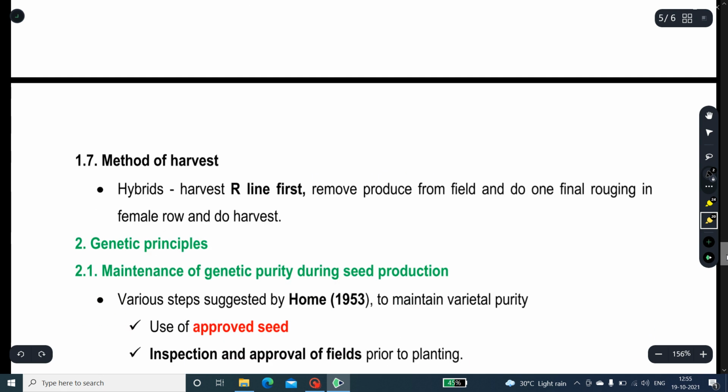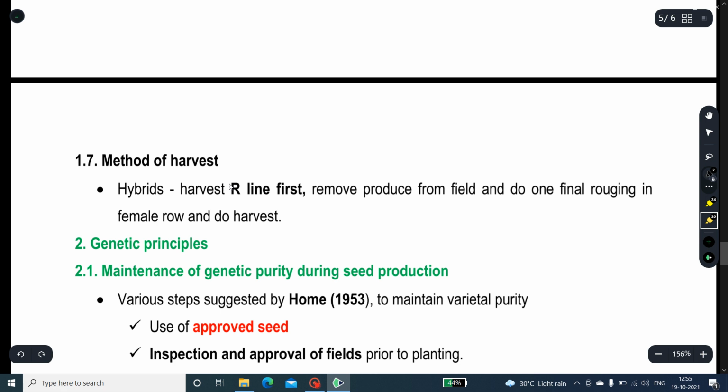And the method of harvesting is also a very important factor, because in case of hybrid seed production we are using more than two lines: A line, B line, R line. So they should be harvested separately, packed separately and threshed separately. All the post harvest processes should be carried out separately in different places.